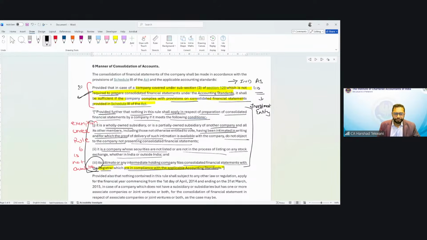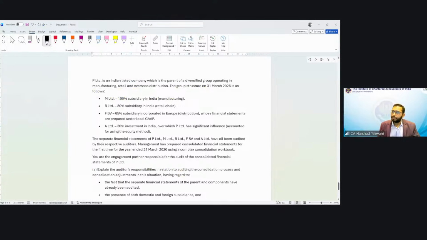Very good question. Okay. Sir, in study material page number 13.7, can you explain that paragraph, sir, about the investment entity? 13.7. Just a minute. Yes, sir.